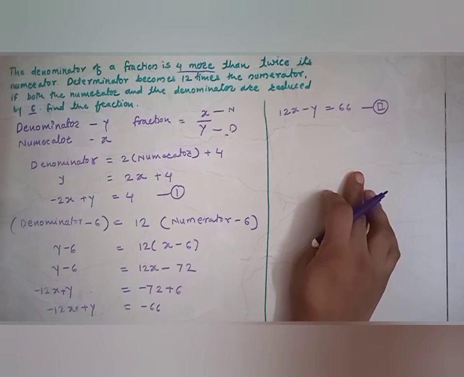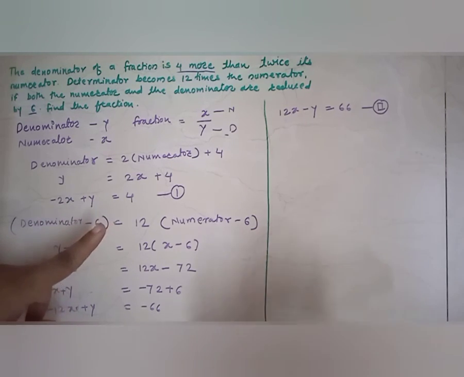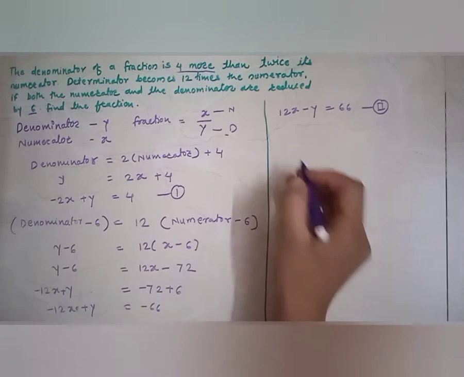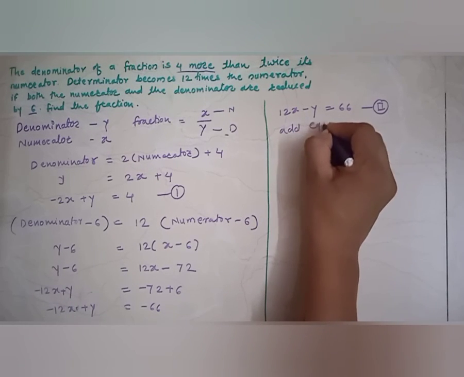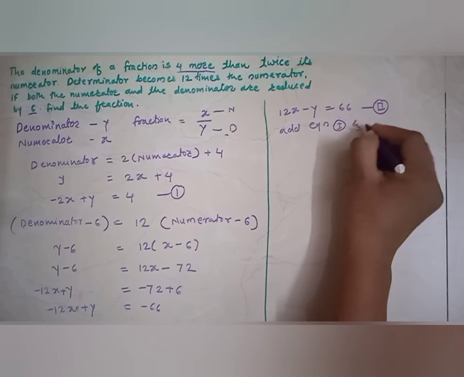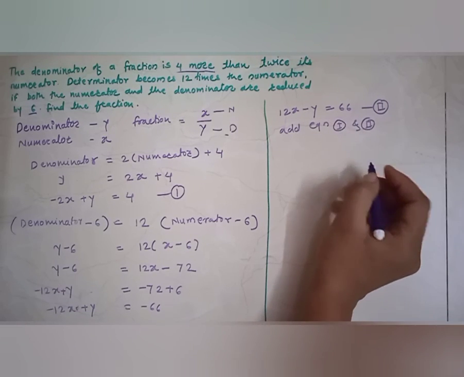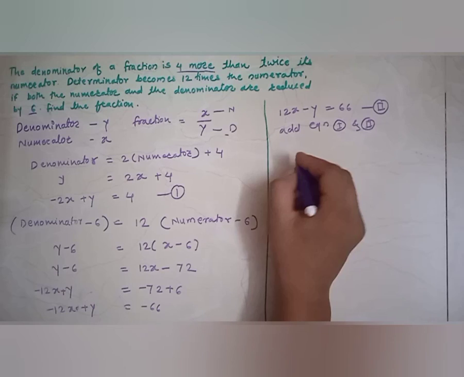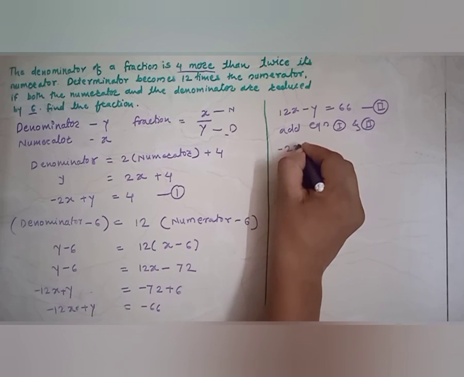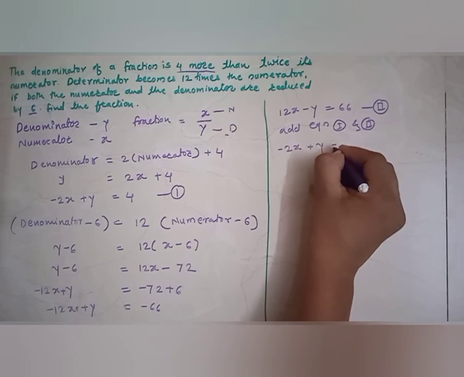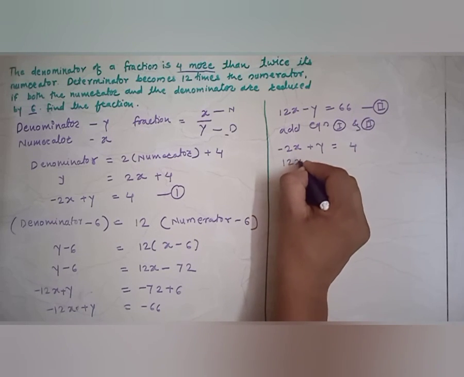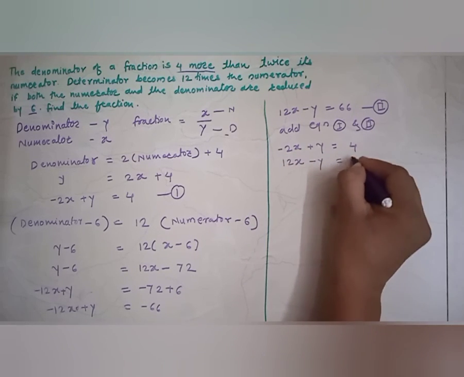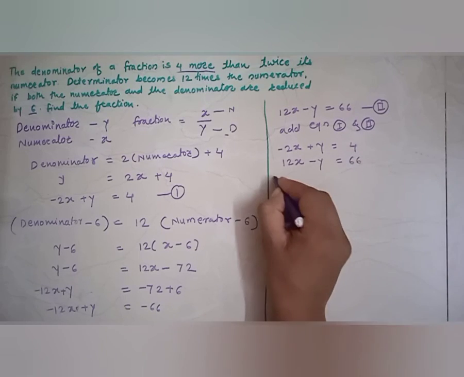Rewrite this equation. We have the first equation and second equation, with plus y and minus y, so we can easily add these equations. Adding the first and second: minus 2x plus y is equal to 4, and the second equation 12x minus y is equal to 66.